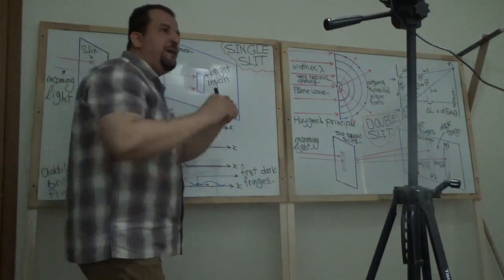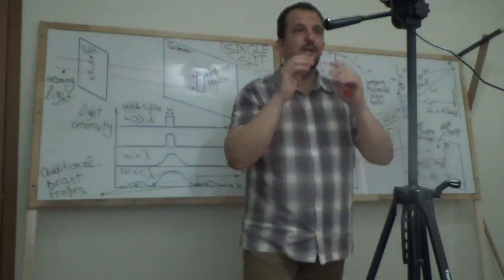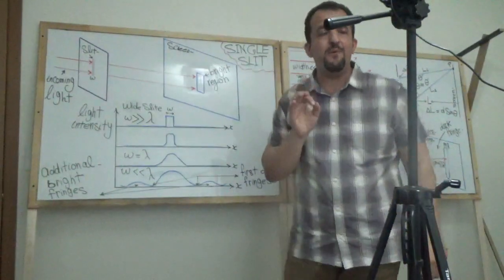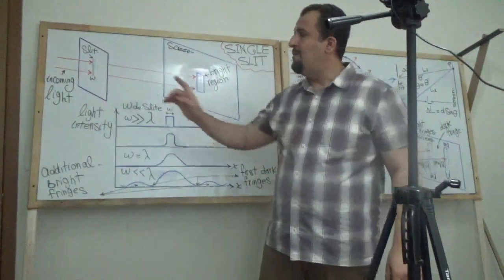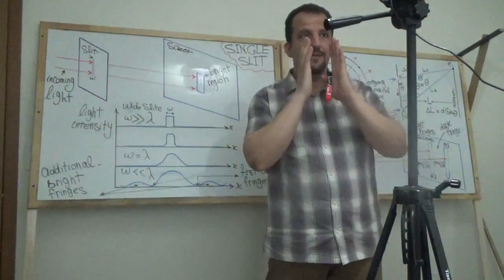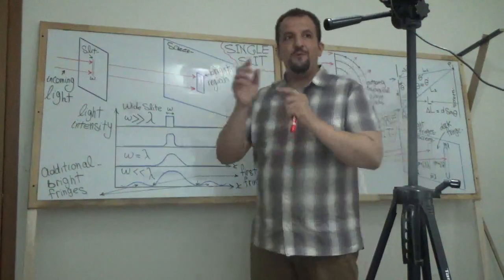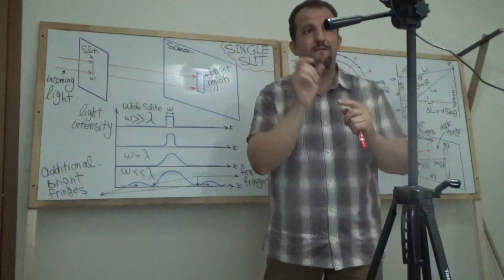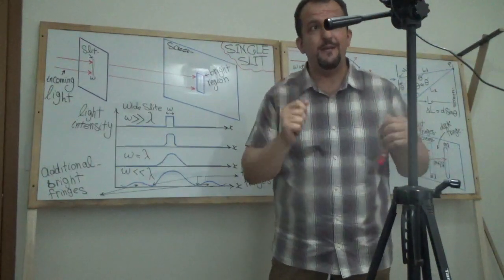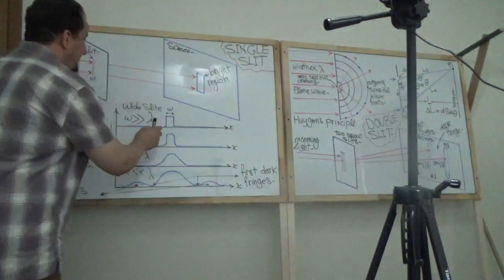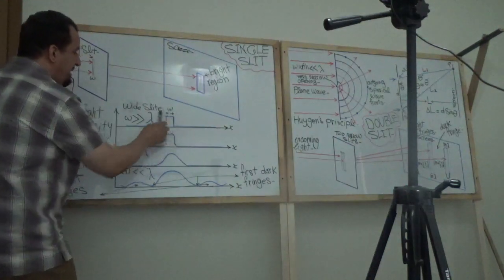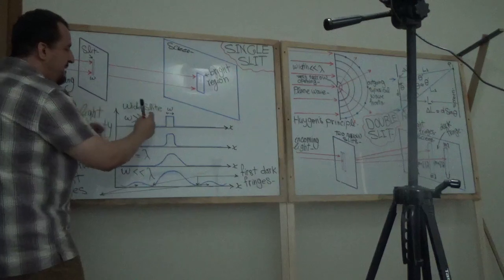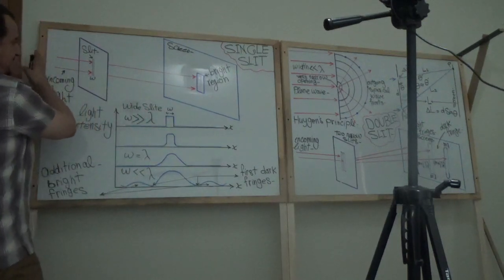But the width of this bright region depends on a very important factor, which is the width of the slit. If I control the width of the slit, I will notice something very important. What is that? Suppose the width of the slit is larger than the wavelength of the incoming light.